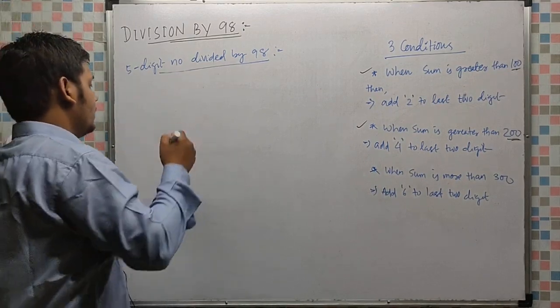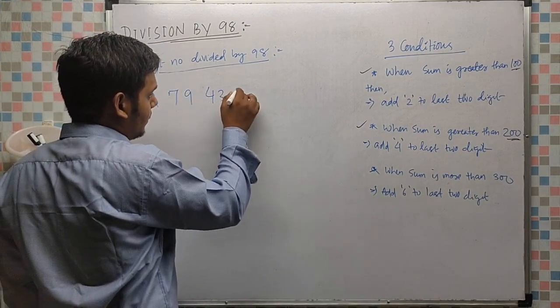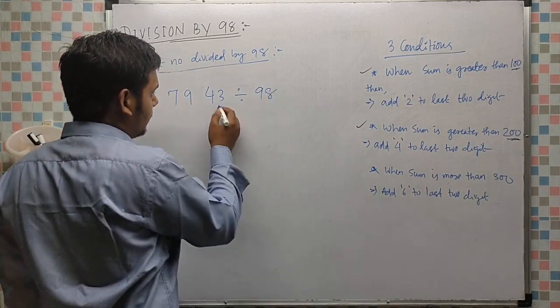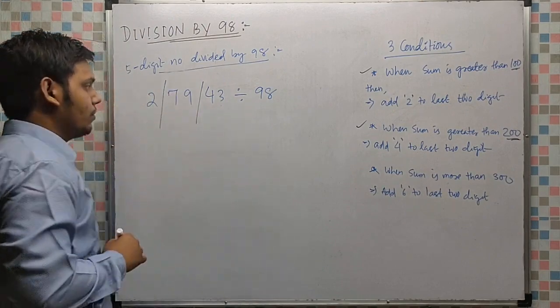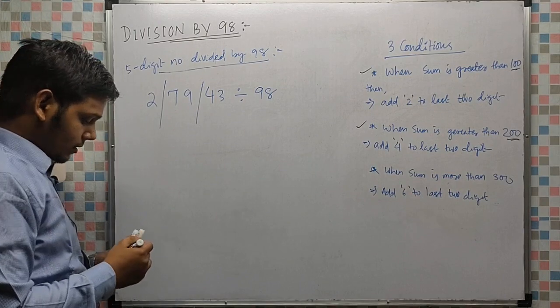So we'll take one 5 digit number. 27943 divided by 98. 1 2 1 2. So 2 digit 1 2 1 2 and thereafter this remaining 2.